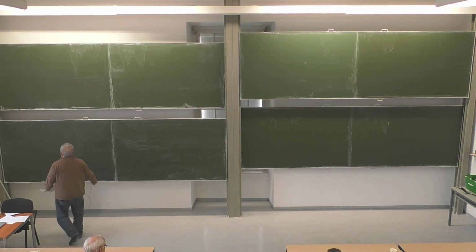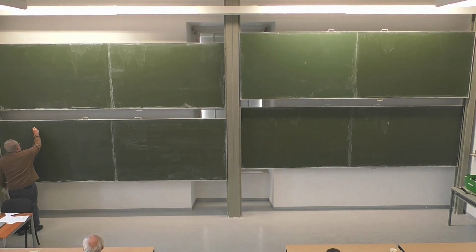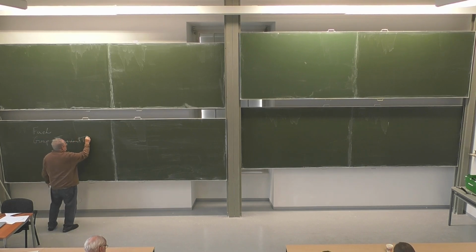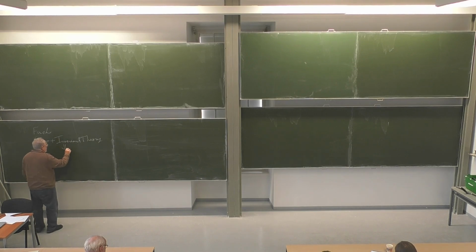Fuchs's idea. Fuchs was working around the same time. His idea was that if you know the group, plus a little bit of invariant theory, this should actually give you the equation of a solution.